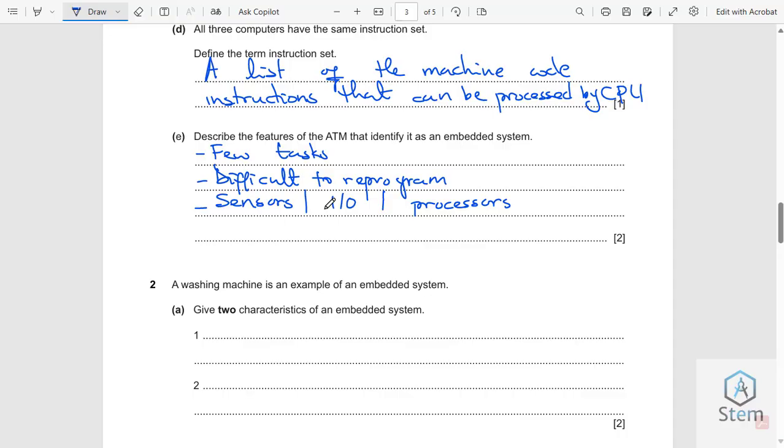Programmable, we also have the human interface. So we are just going to call it the interface. The human-computer interface. Other features which we can talk about are presence of a processor. Embedded systems should have a processor. All right.